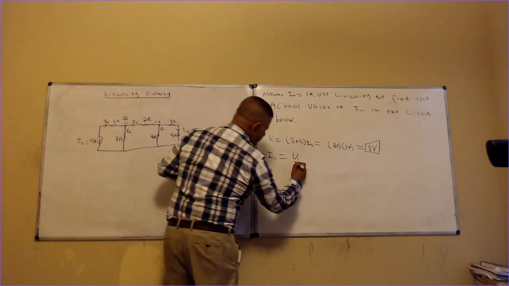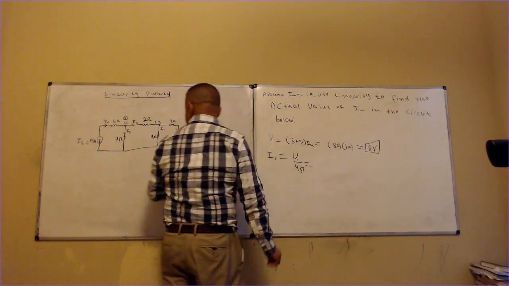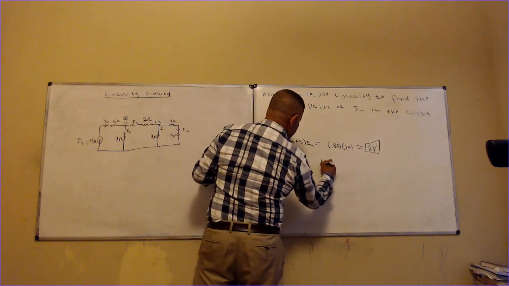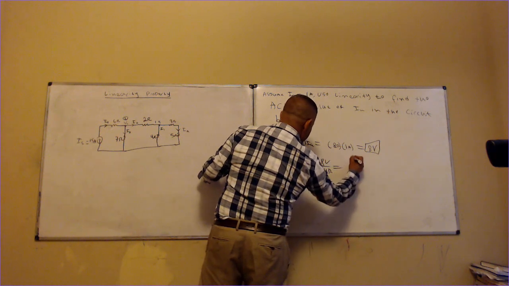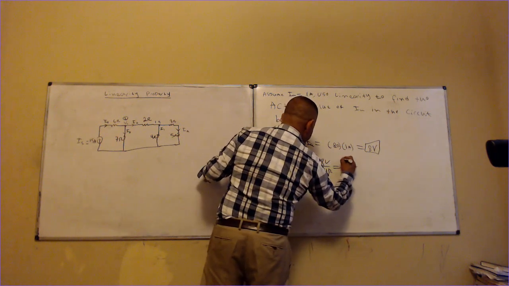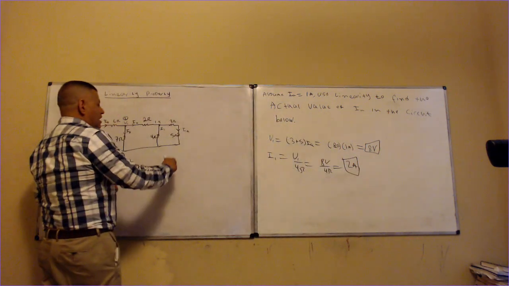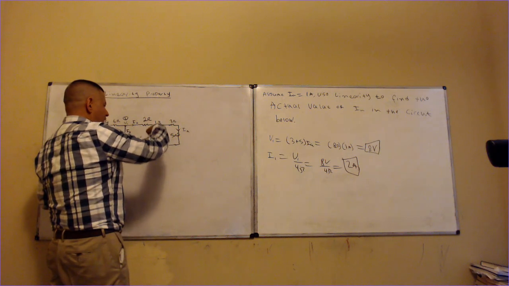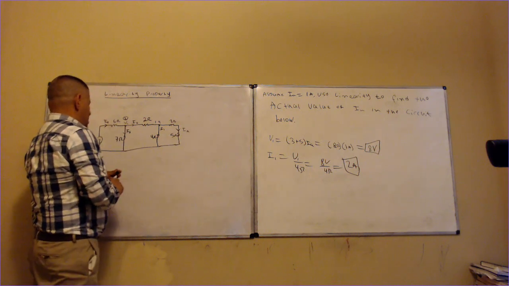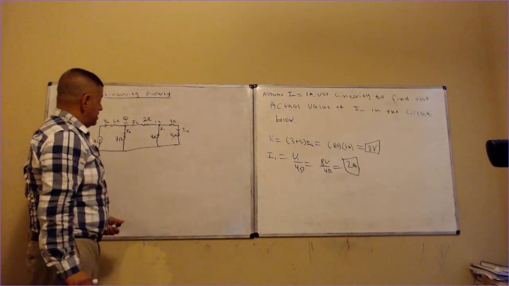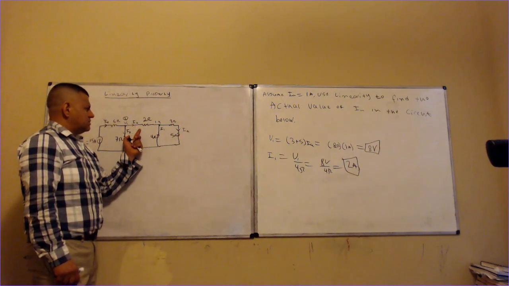In this case that is 8 volts over 4 ohms, which is nothing but 2 amps. Now I found the current across this node. Now look at this. What do I have? I got I2 now.